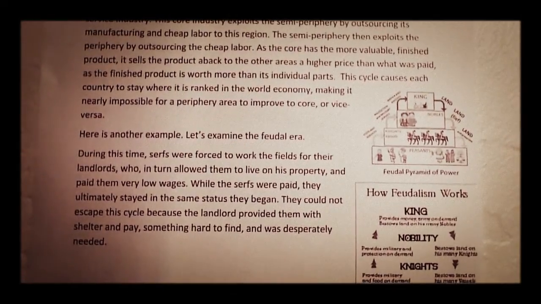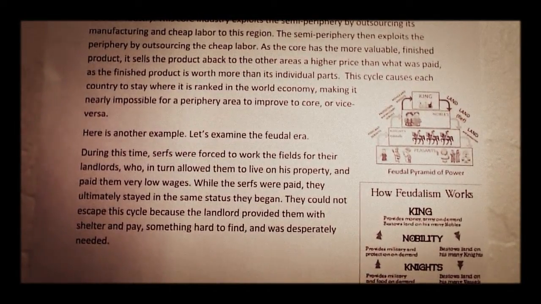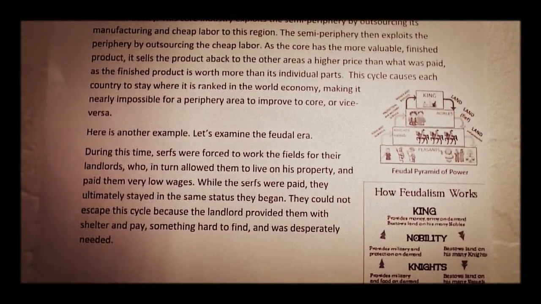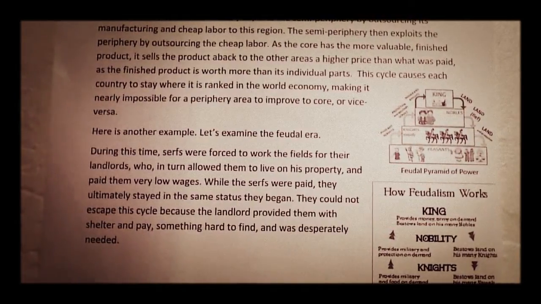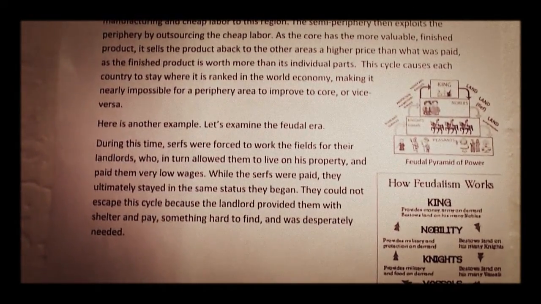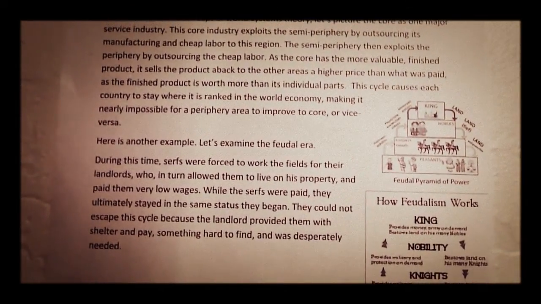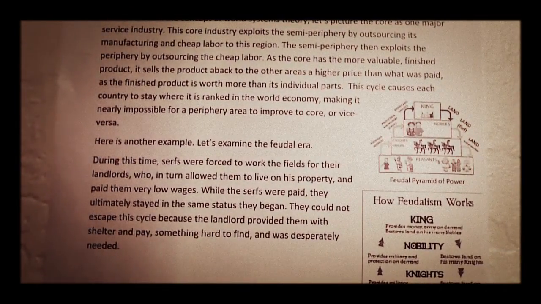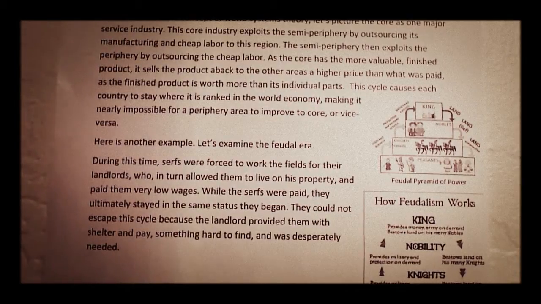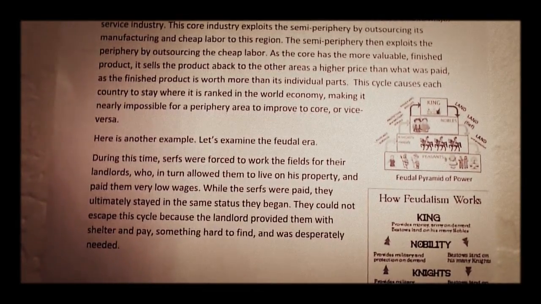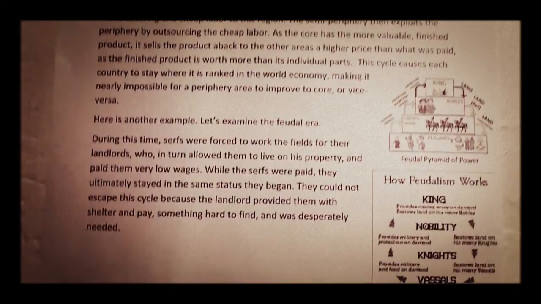As the core has the more valuable finished product, it sells the product back to other areas at a higher price than what was paid, as the finished product is worth more than its individual parts. This cycle causes each country to stay where it is ranked in the world economy, making it nearly impossible for a periphery area to improve to core, or vice versa.